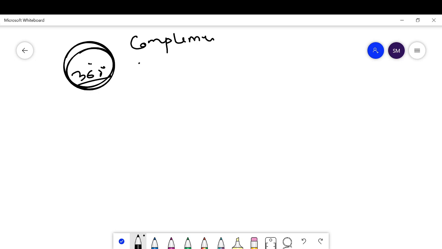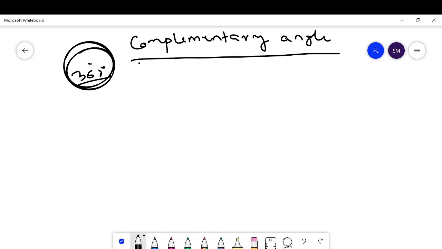You know very well what is complementary and what is supplementary. This lesson is a review of your previous study. You know what is the interior of an angle, the exterior of an angle, a congruent angle, and the types of angles.